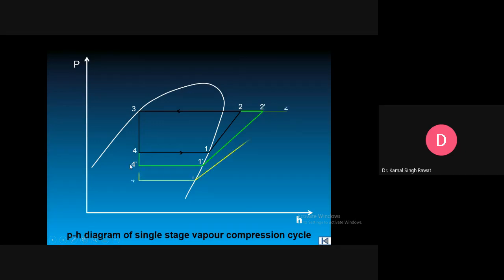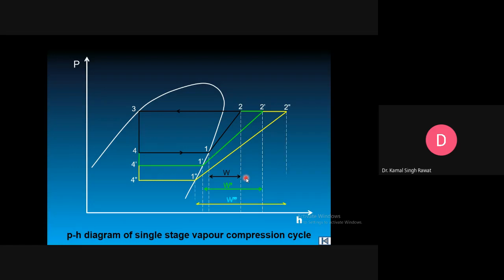And if we further reduce the evaporator pressure or evaporator temperature, our new cycle will be 1 double dash, 2 double dash, 3, 4 double dash. Now, when we are decreasing the evaporator pressure or temperature, our work is increasing.